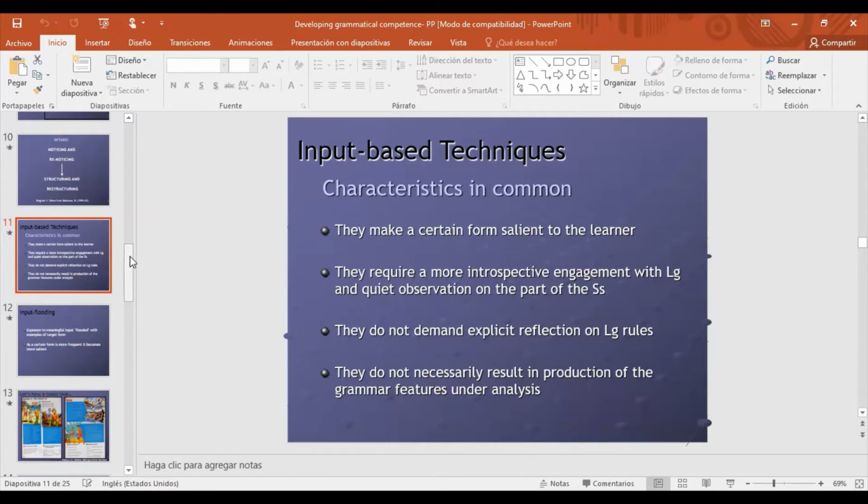And they do not necessarily result in production of the grammar features under analysis. I mean, there is not a quite direct relationship between getting the input and producing the bit of language later on. Some processes need to be undertaken in order for students to be able to do this.